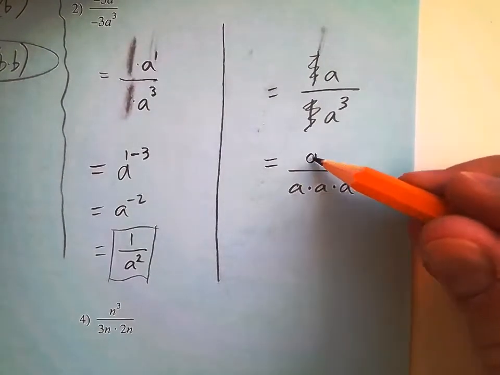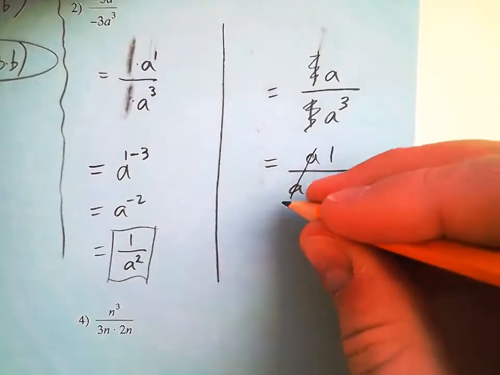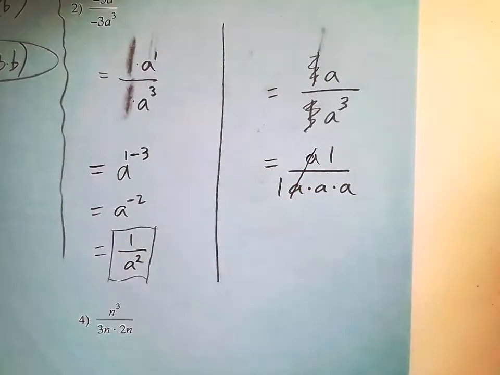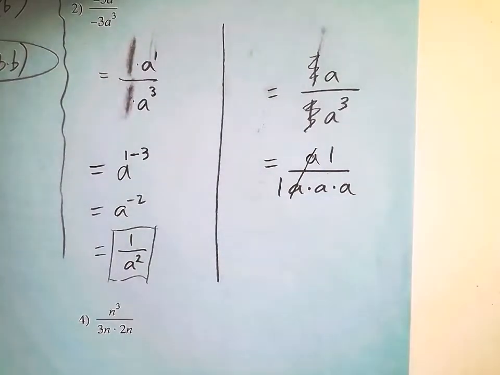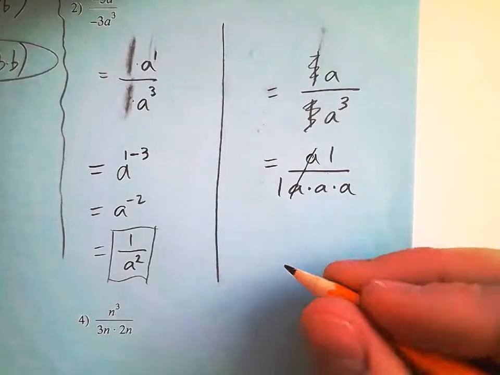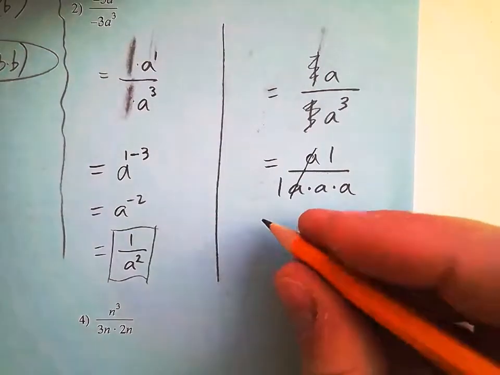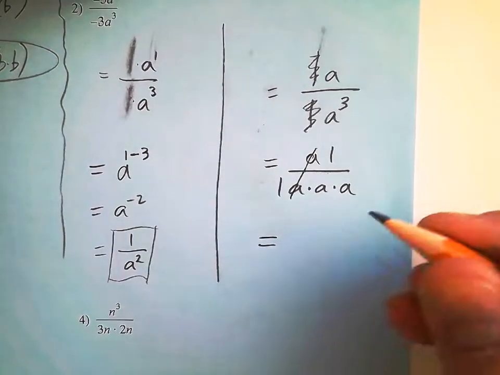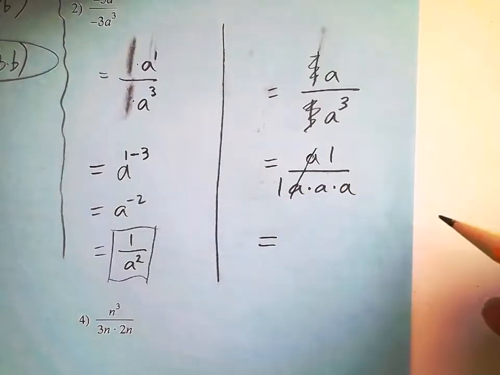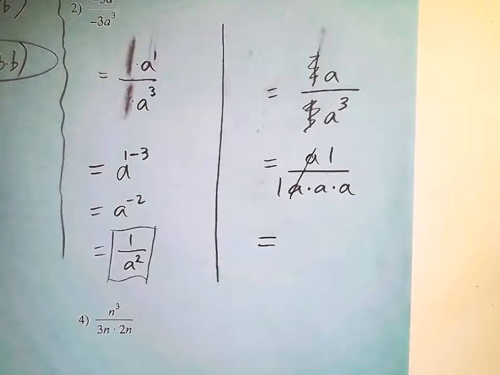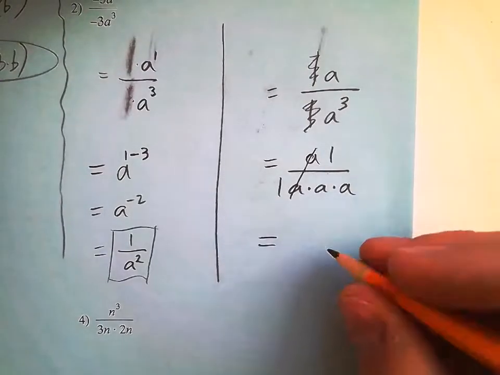A divided by a is 1 over 1, right? Say a is 9, it's 9 divided by 9. Say a is 26, it's 26 divided by 26. Doesn't matter what a is. A divided by a is 1 over 1, unless a is 0, in which case that would be undefined, but we'll ignore that for now.